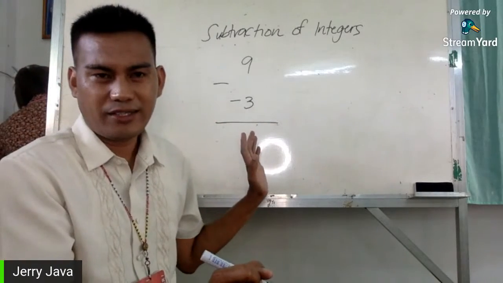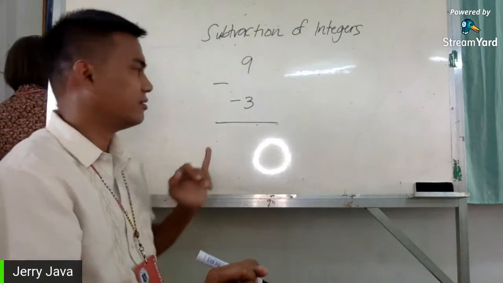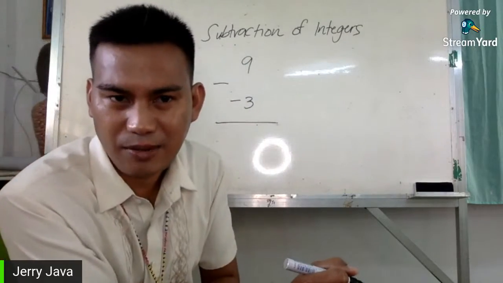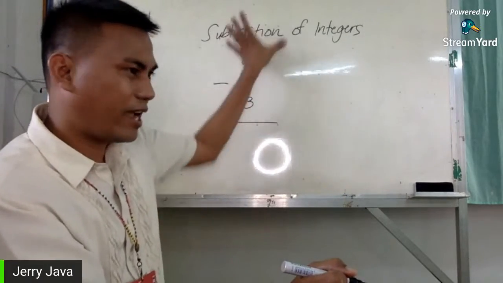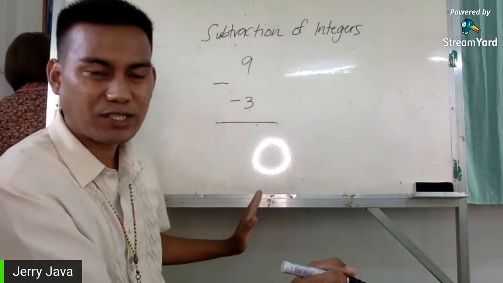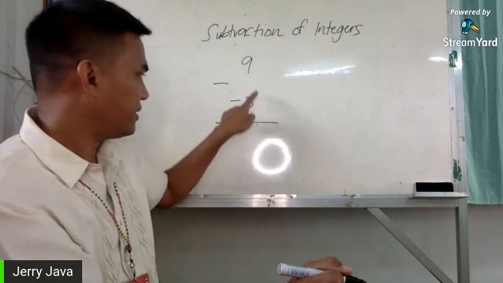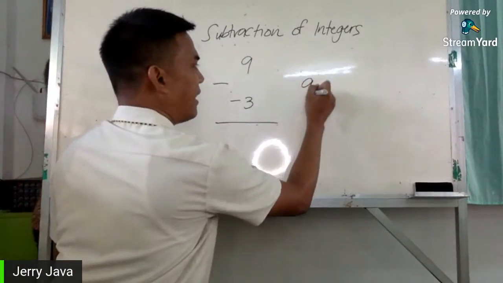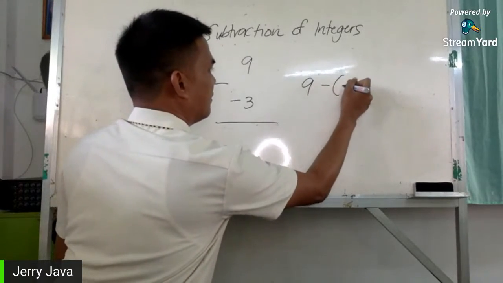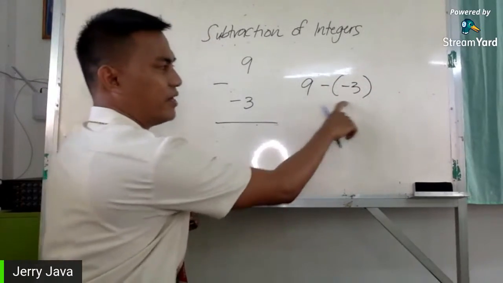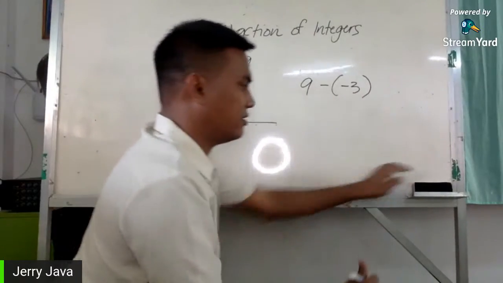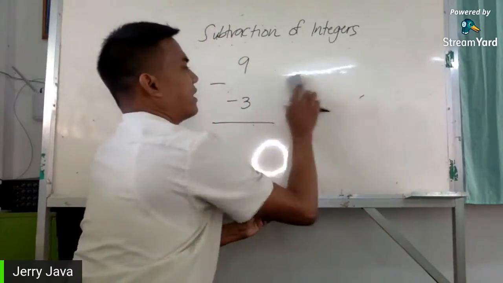What we do here is step 1. Change the sign of the second number. If you write it vertically, the second number is the one at the bottom. Written horizontally, 9 minus negative 3, the second number is the one at the right.